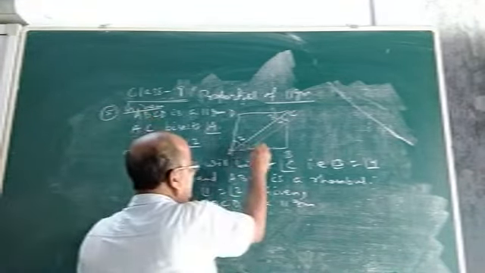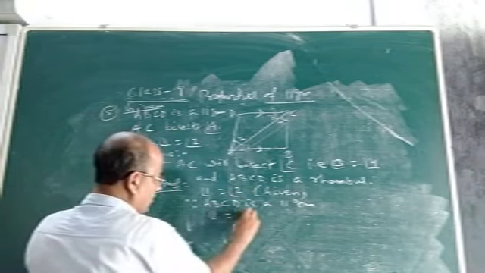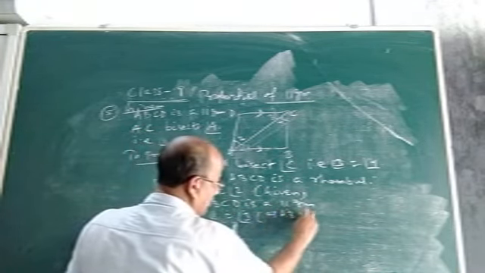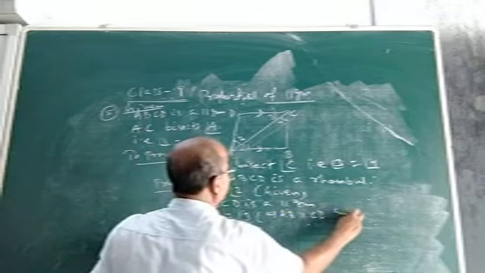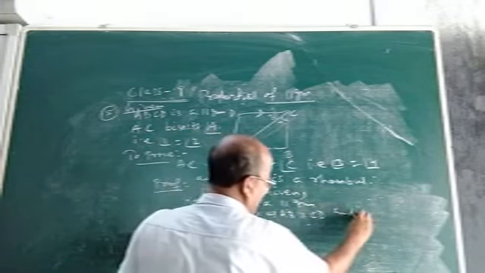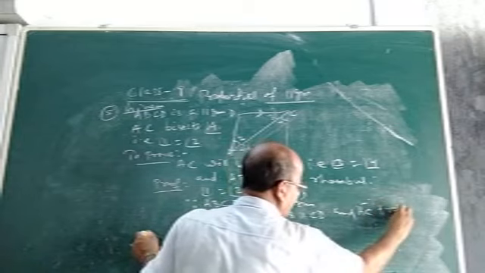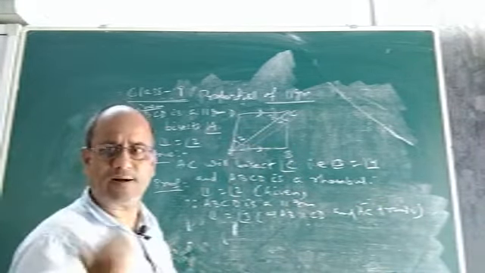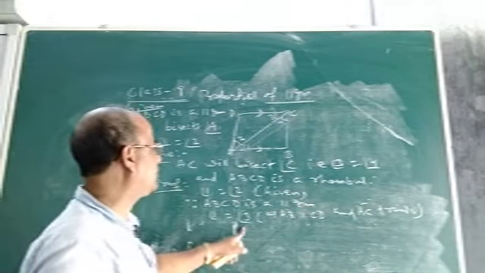So as ABCD is a parallelogram, angle 1 will be equal to angle 3. Why? As AB is parallel to CD and AC is the transversal. Or you can say that angle 1 and 3 form a pair of alternate interior angles. So 1 equal to 3.